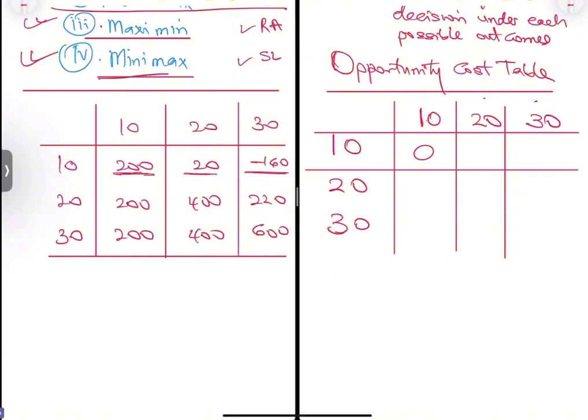Whereas under the same decision, if the outcome is that the market is asking for 20, do you think there is a regret of not taking the 20 decision or the 30 decision? Yes, there's a regret. What is the best outcome if the market is asking for 20? To buy 20, 400.